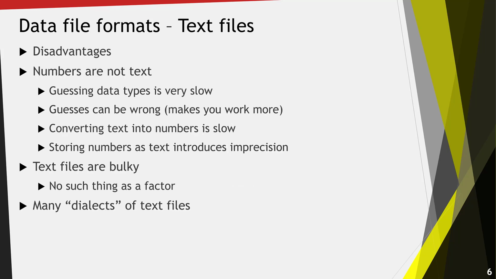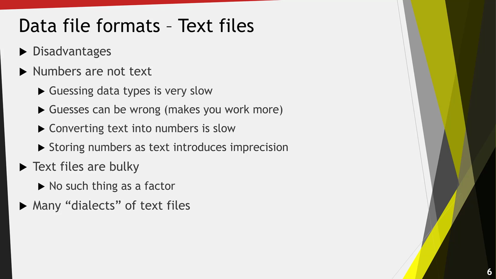There are some big disadvantages to text files, which means they're not ideal in every situation. Importantly, you're generally transmitting numeric data in these files, and numbers are not text. So your data processing software, while reading text files, will generally need to guess the data type in each variable. Guessing data types is very slow. And importantly, guesses can be wrong. If your software guesses wrong, that means you have to make manual adjustments, which makes you work more.